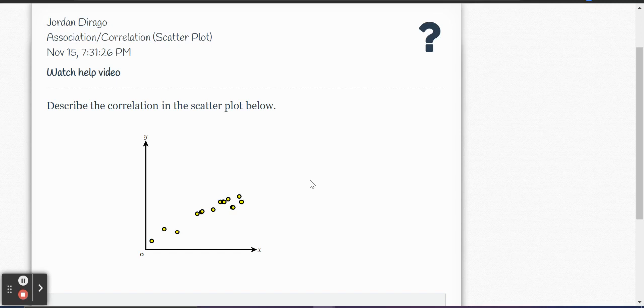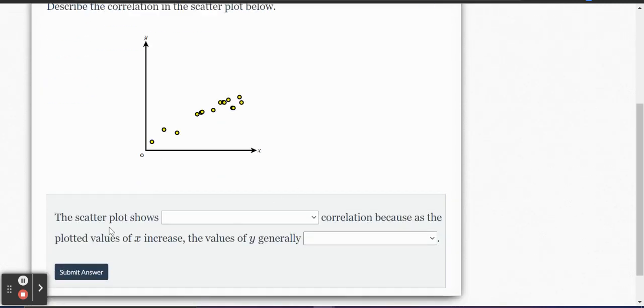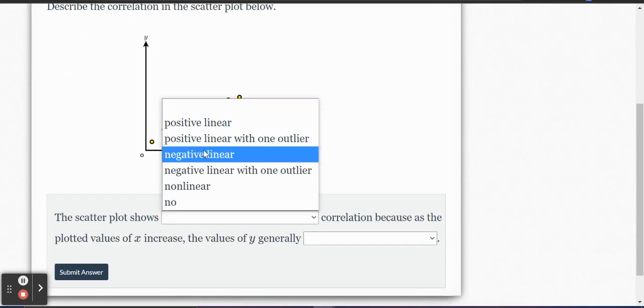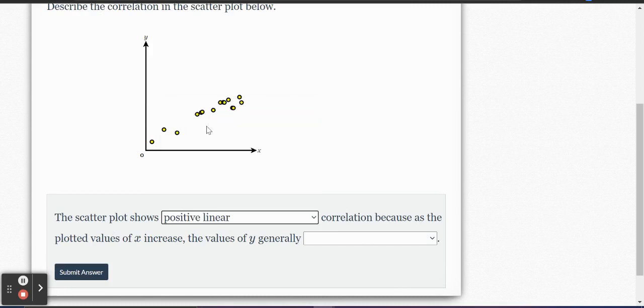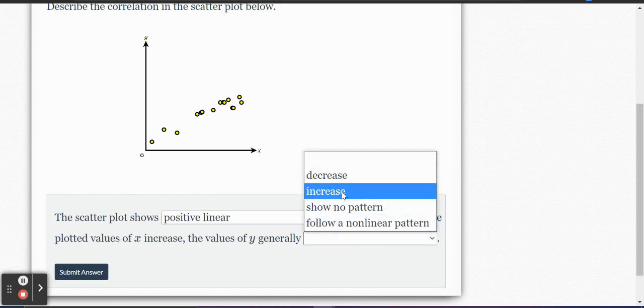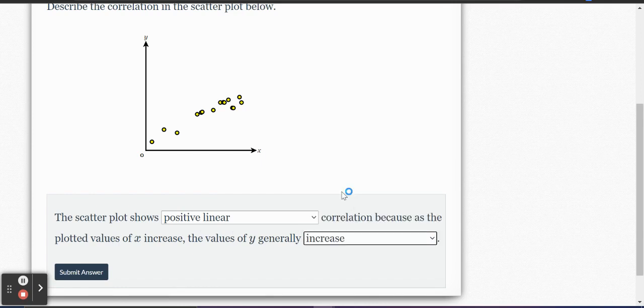They're not exact, but they're pretty close. So this scatter plot shows positive linear correlation because as the plotted values of x increase, the values of y generally increase. And it looks like they're forming a linear pattern.